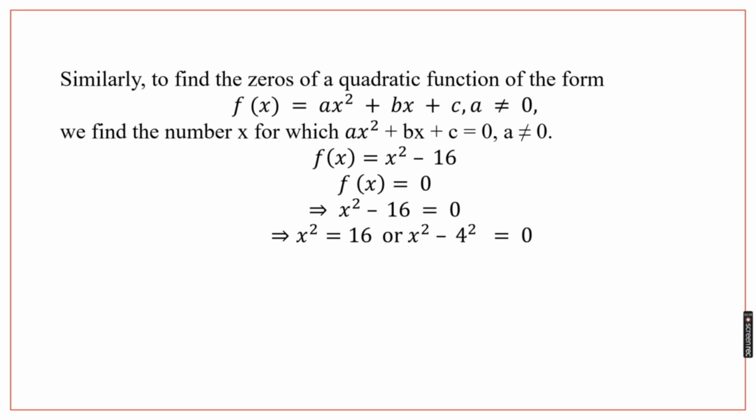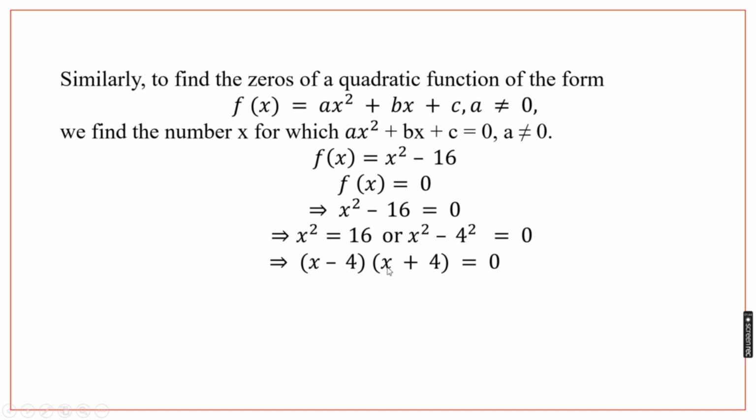For x squared equals 16, we raise both sides to the power of 1 over 2, then x equals the square root of 16, which is 4. The second option is x squared minus 4 squared equals 0, so x minus 4 times x plus 4 equals 0.